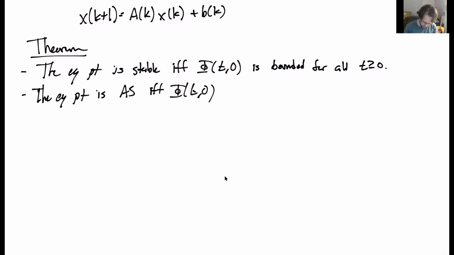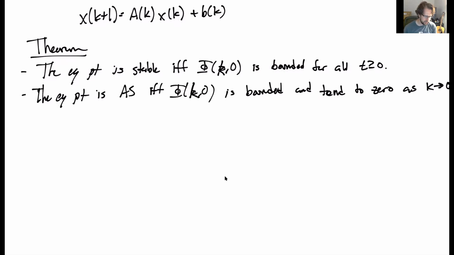As, oops, not k, this should be, not t, that should be k. All these should be k. Great. Okay, so that's how you can show stability of a linear time varying system.